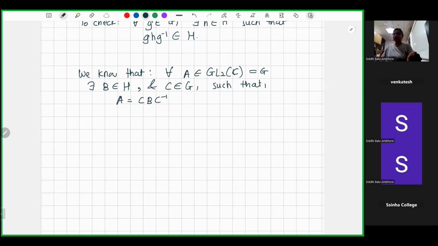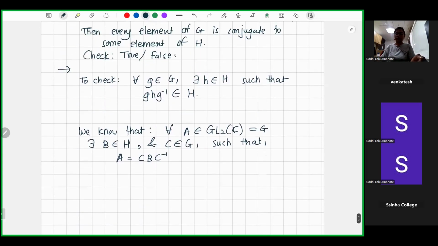So there exists some invertible matrix and some upper triangular matrix such that this A is C B C inverse.